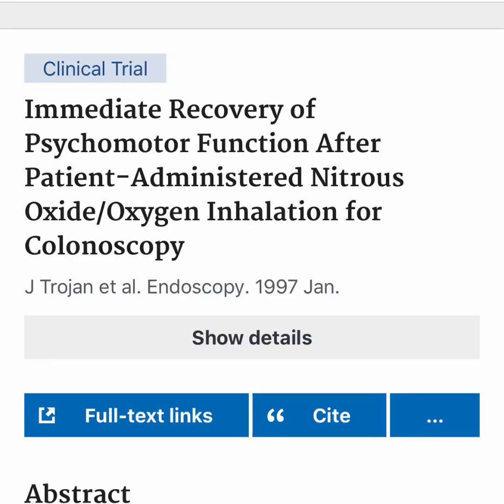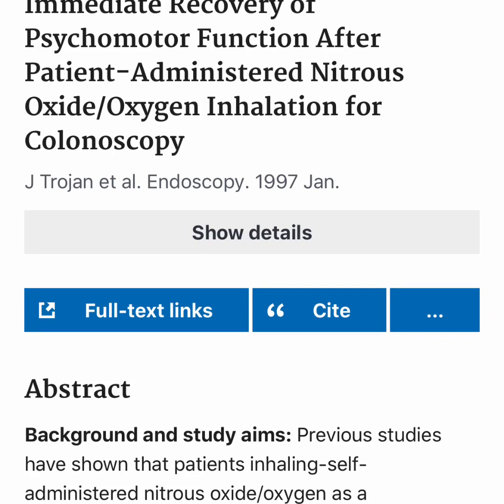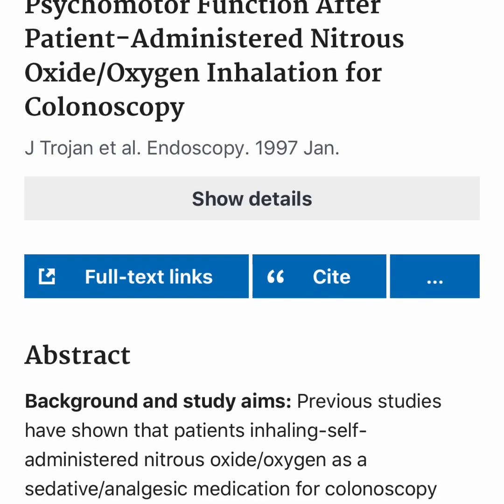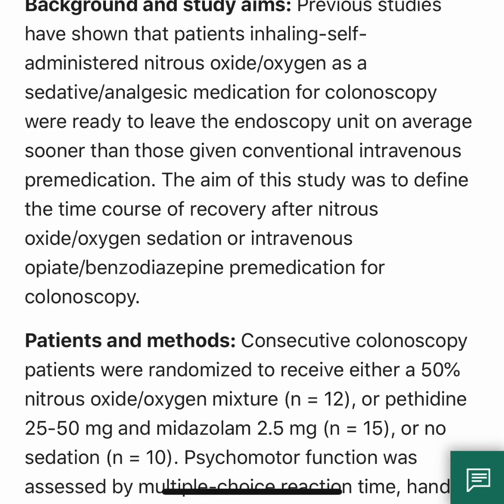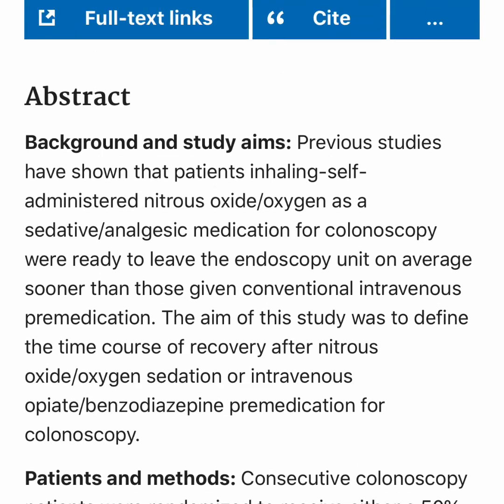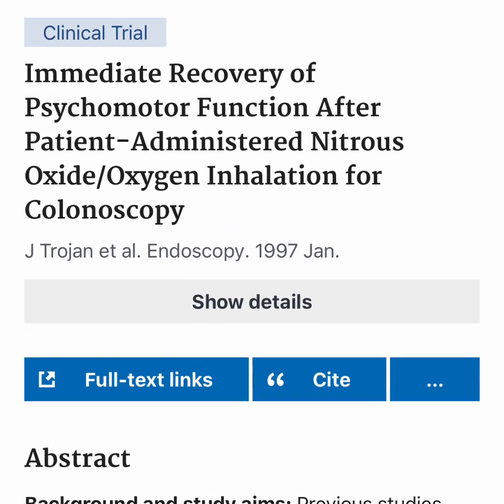This is the clip that you can use to gather some more information as to how you can get immediate recovery after the completion of a nitrous oxide oxygen inhalation process. And through the usage of this information, you will come to a conclusion that nitrous oxide administration does offer the possibility of immediate recovery.